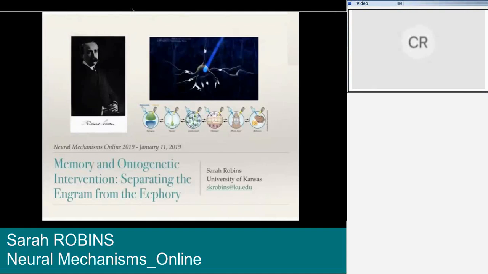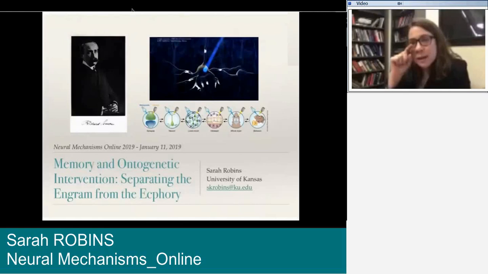And then the mouse is put back into the original chamber and demonstrates the fear response, and according to your interpretation, that's the evidence that it's not a problem of ekphory, it's to do with the engram, not the ekphory. Okay, so that's the setup.